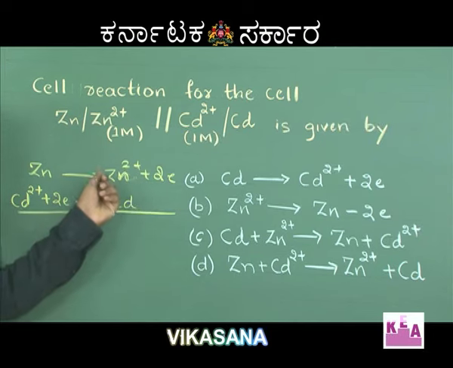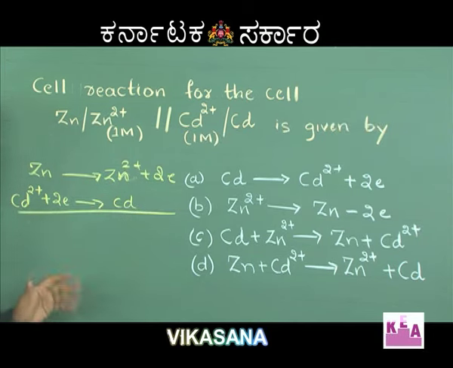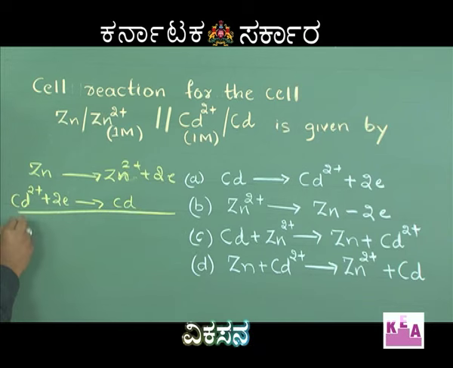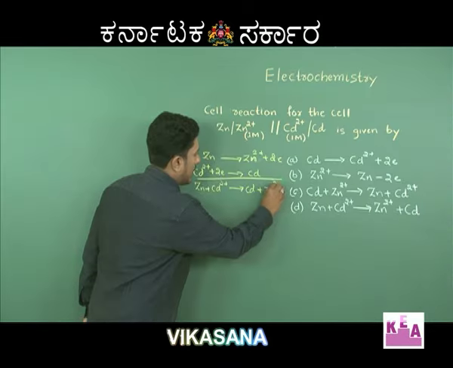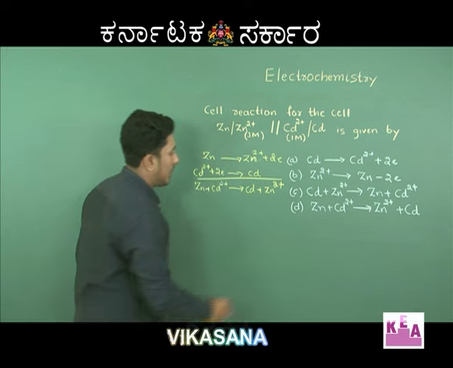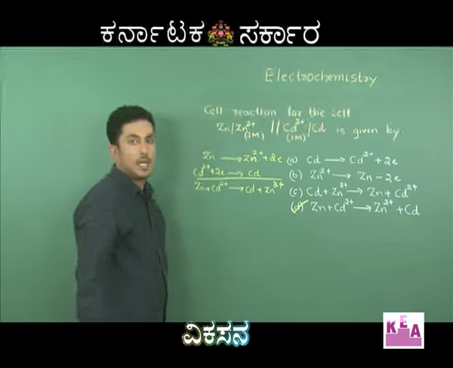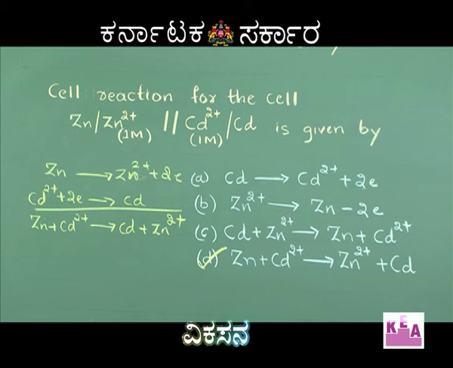Cell reaction is sum of these two reactions, hence the net reaction is zinc plus cadmium ion giving Zn2+ plus cadmium. Hence, option D is the right answer.